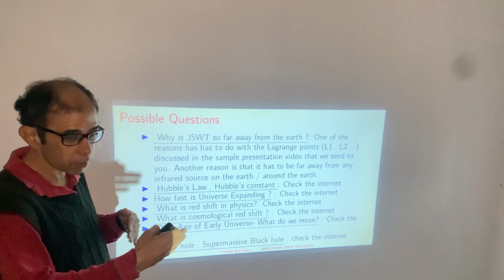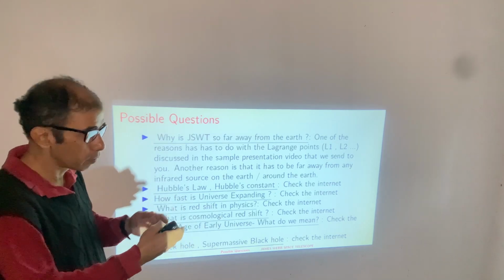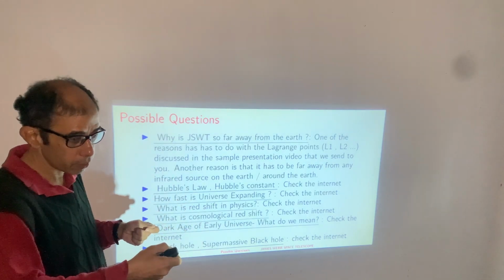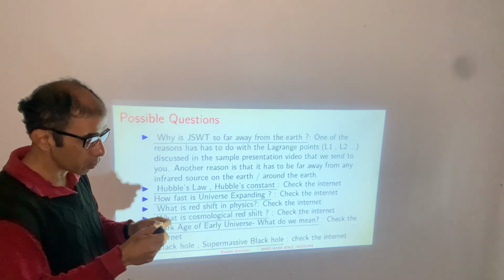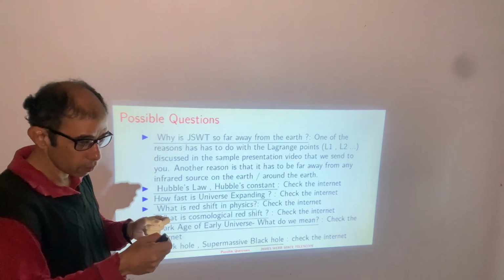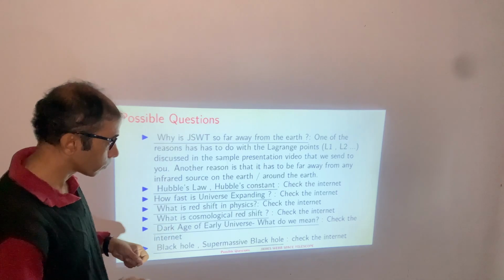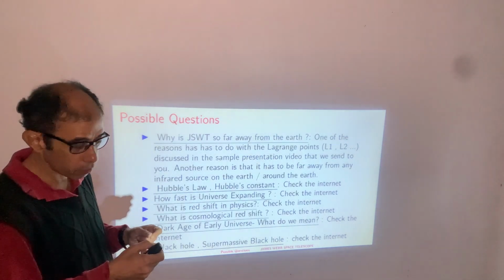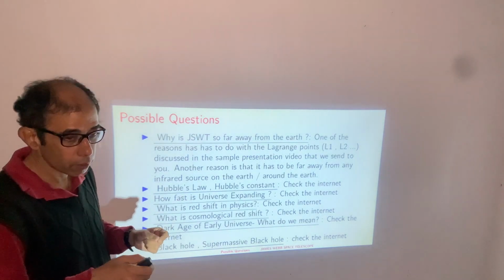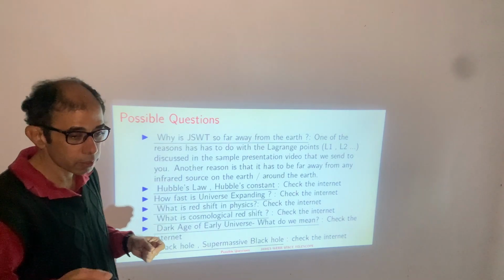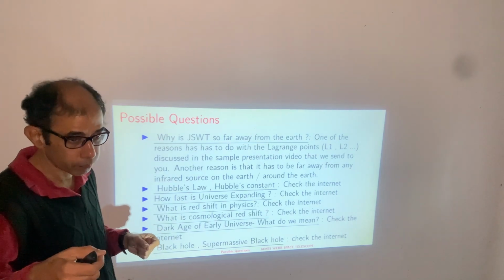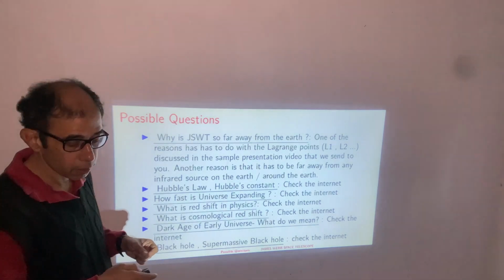The universe is like, suppose, a membrane. The membrane is stretching, so the distance between the points is also increasing. At what rate is it increasing? The further the point is, the more the increase.